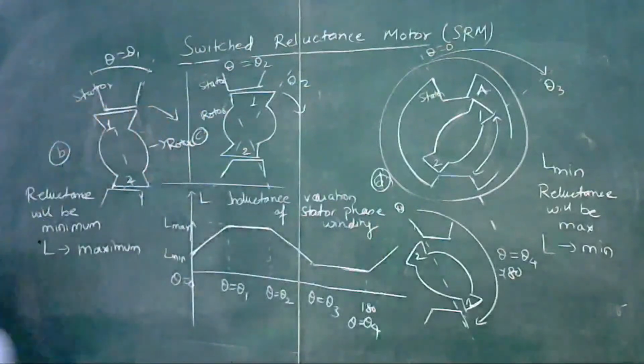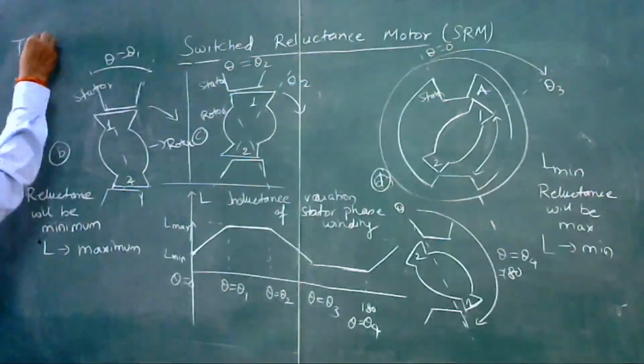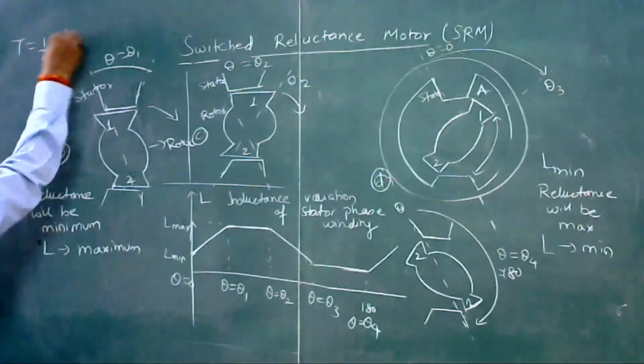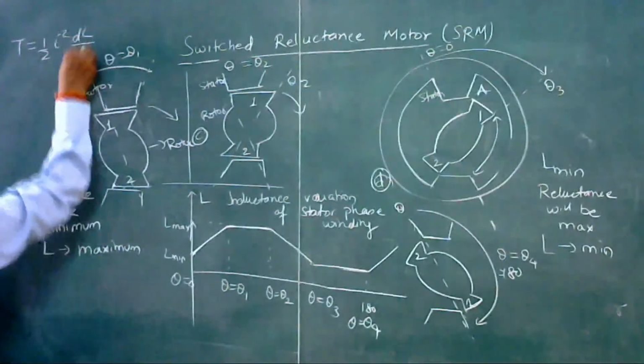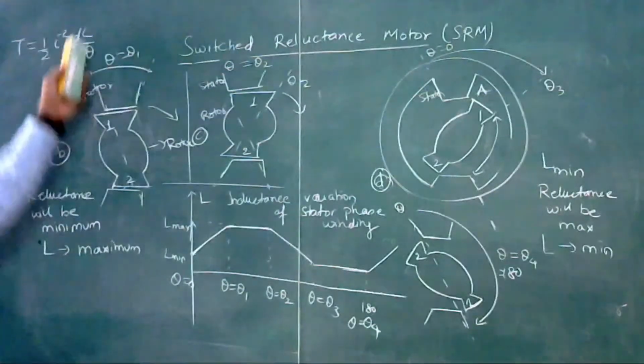Okay. But torque is equal to half Li square dL by d theta. So we are more interested in finding dL by d theta.